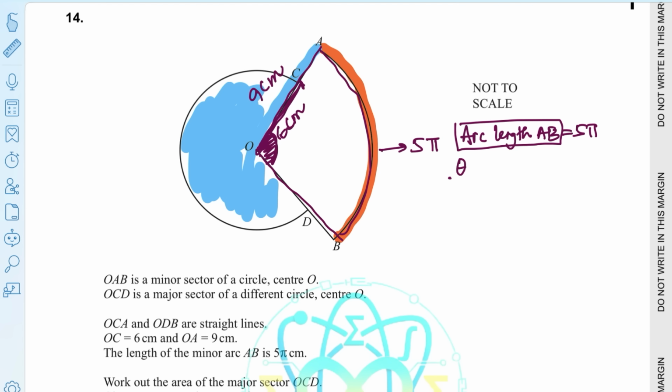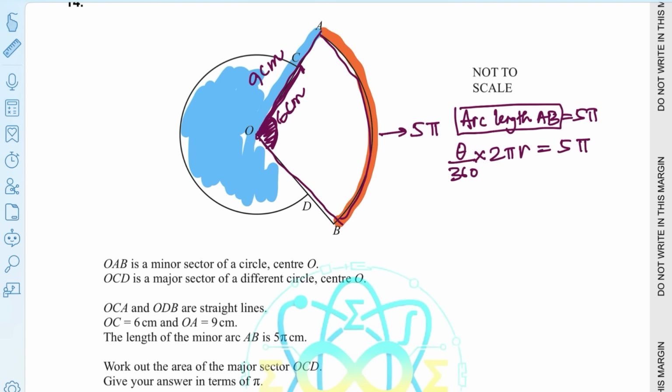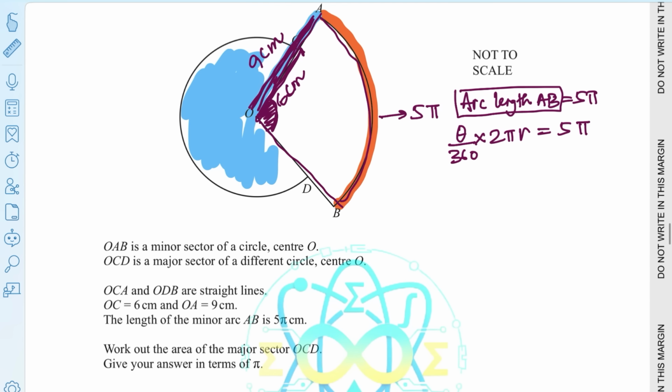Angle over 360 times 2 pi r equals 5 pi, correct? We can find the angle because the radius is given, 9 centimeters for this one. So angle over 360 times 2 times pi times 9 equals 5 pi.